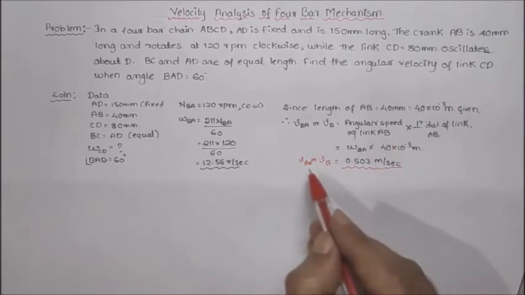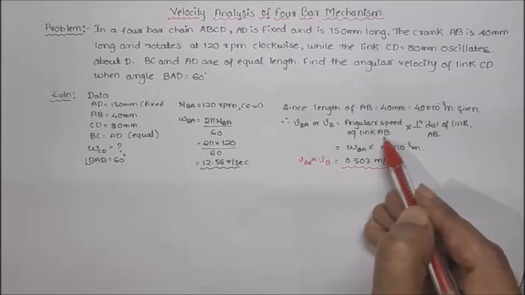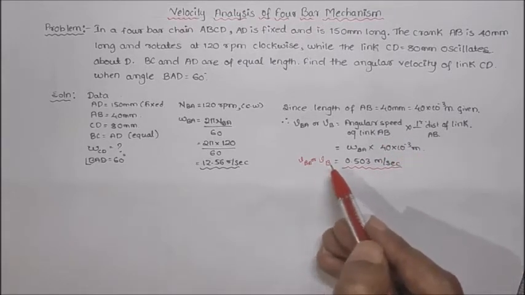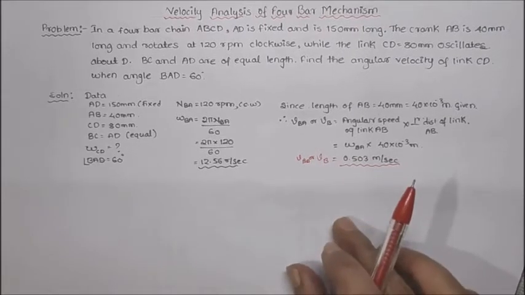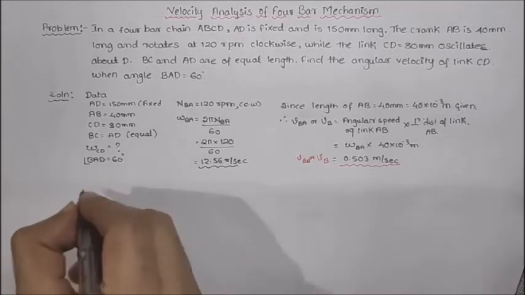To find out the angular velocity of link CD, we should know the velocity of C point, velocity of C. How can we do it? We can do it by the graphical method. For the graphical method, first we need to draw the space diagram.